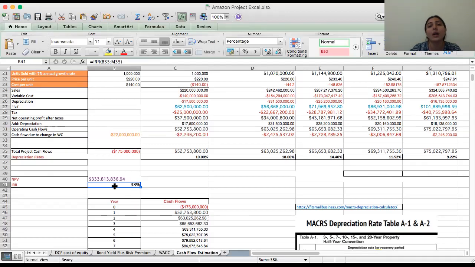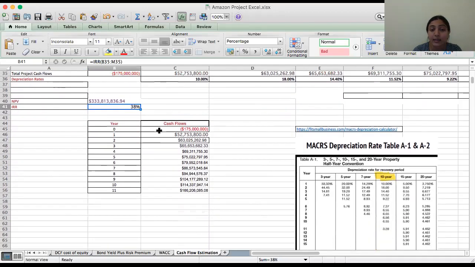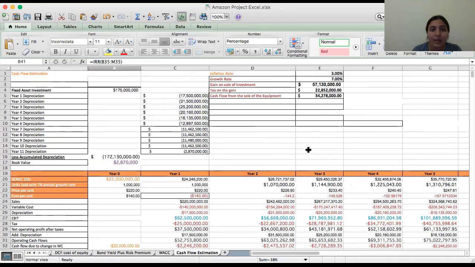I mean from year 1 to year 11. So these are my NPV and IRR rates. These are the cash flows of all my 11 years. Depreciation rate table here. The inflation rate and growth rate were given by my professor.